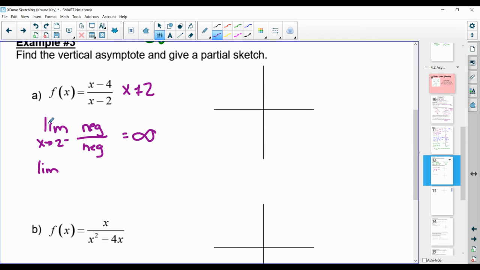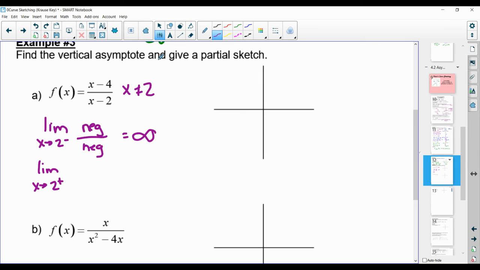Now, if I look at the limit as x approaches 2 from the right-hand side, that means I'm picking any numbers that are bigger than 2, as we're approaching 2, like 2.0001, 2.000001.